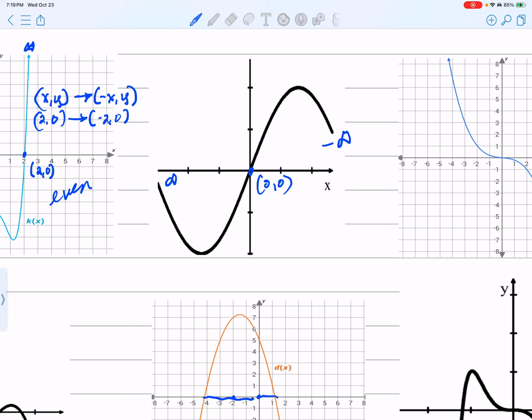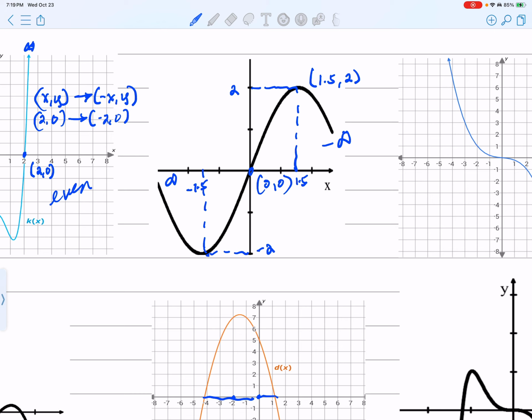Let's say I choose a certain point right here, and this point. This is 1.5 and 2. So here and here, this is negative 1.5, and this is negative 2.